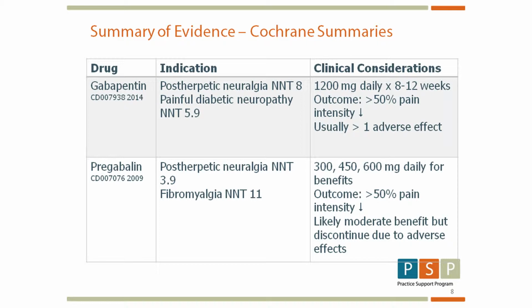In particular, it was studied in postherpetic neuralgia, and you can see that it was more effective compared to gabapentin. Common dosages are about 300 milligrams total daily dose, but as high as 600 milligrams divided in twice daily dosing is often used.